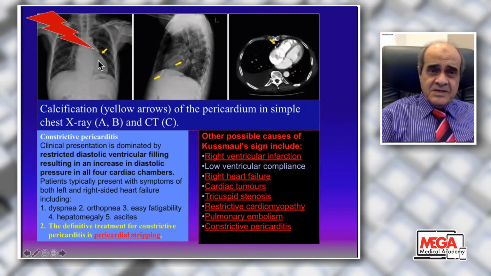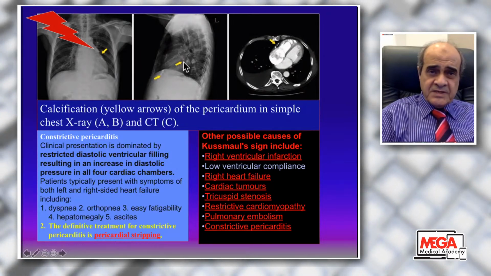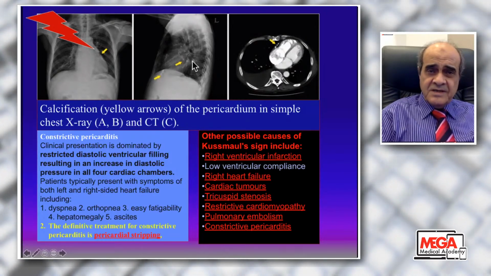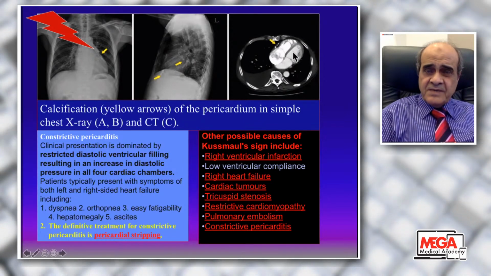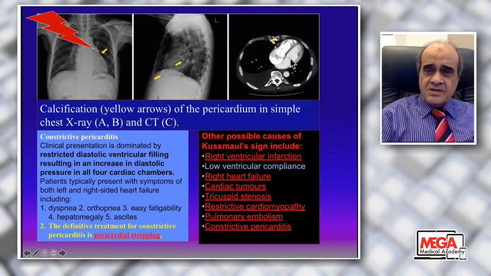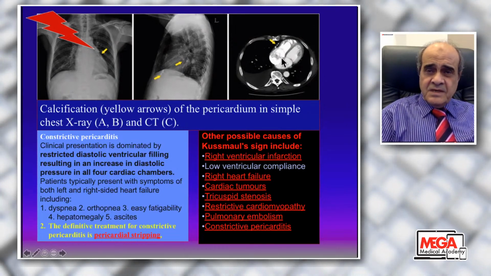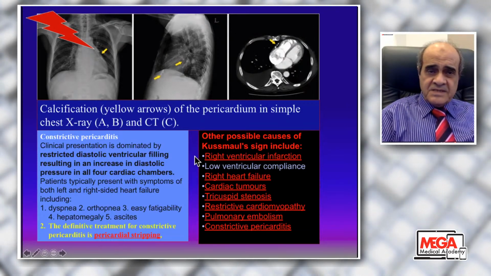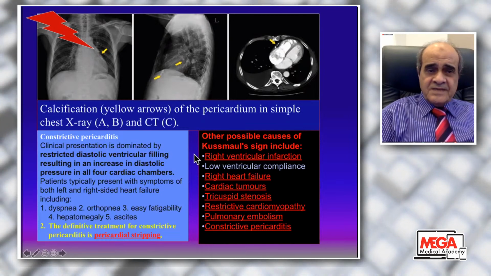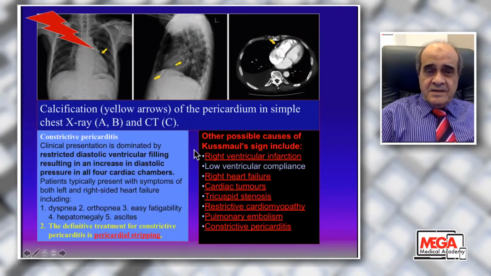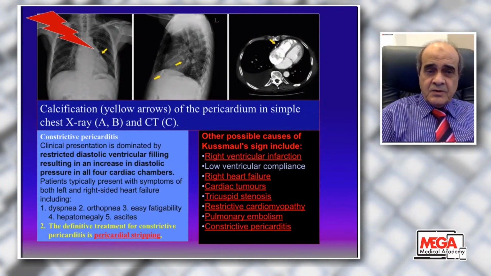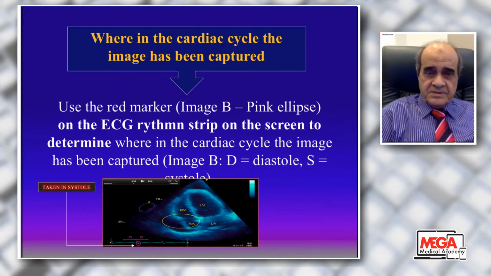This is another case showing some calcification in the pericardium, demonstrating constrictive pericarditis or calcified pericardium, with restriction of all the cardiac cavities, causing restricted diastolic ventricular filling, resulting in an increase in diastolic pressure in all four cardiac chambers.